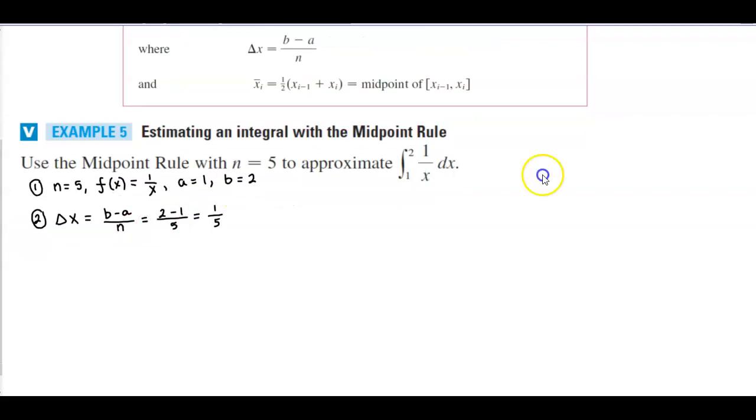Okay, so what do we know about the initial value, x subscript 0? Well, x subscript 0 is the lower limit, which is 1.